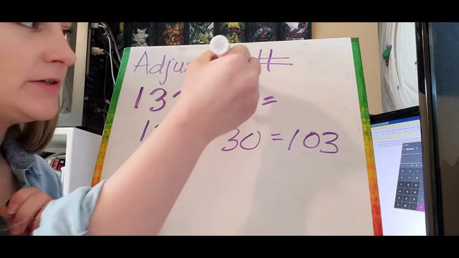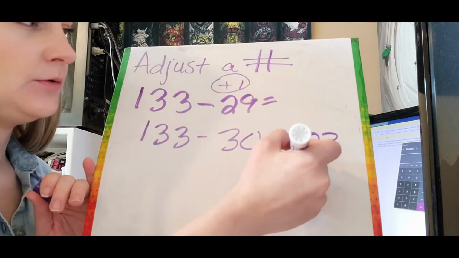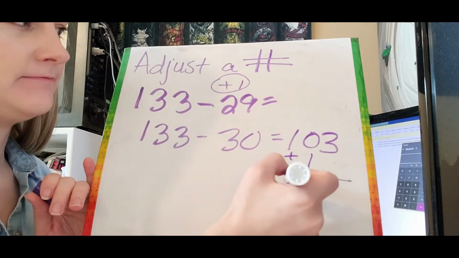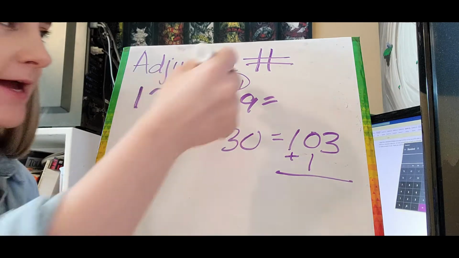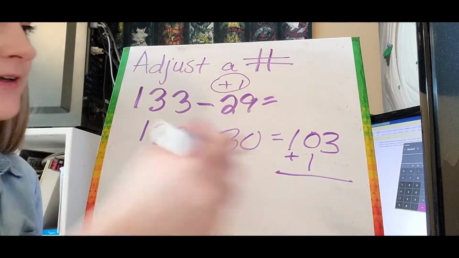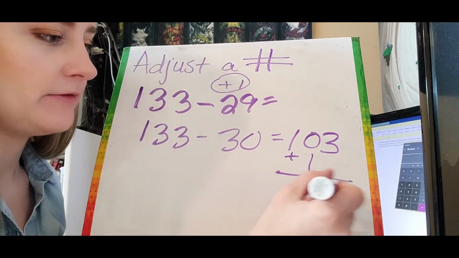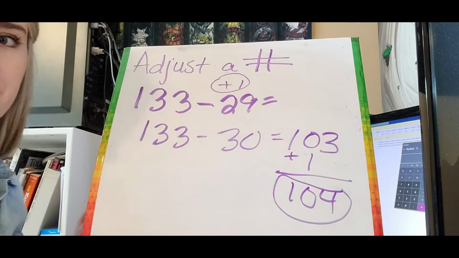And we added a 1 here, so we're going to need to add it back here, if that makes sense, because we added to a negative number. So that's going to give us 104 for our answer.